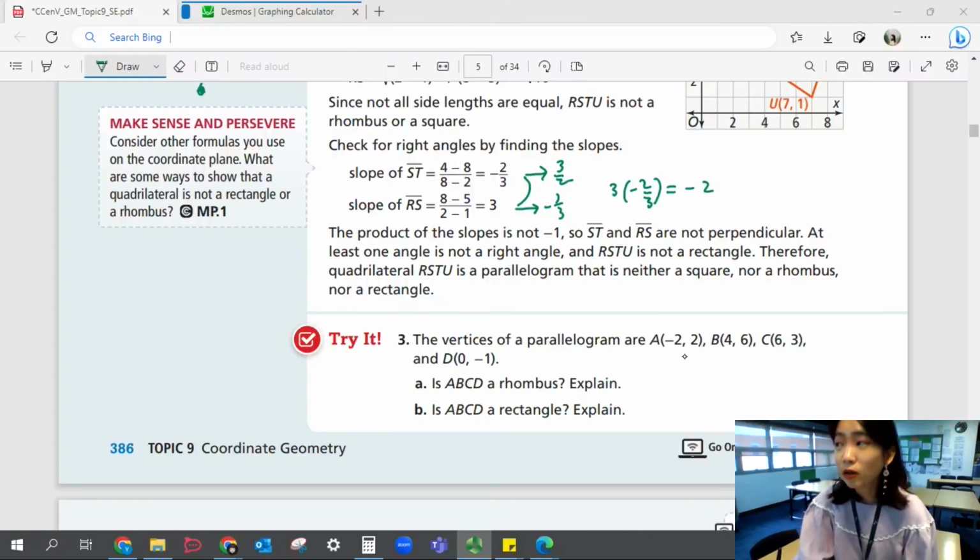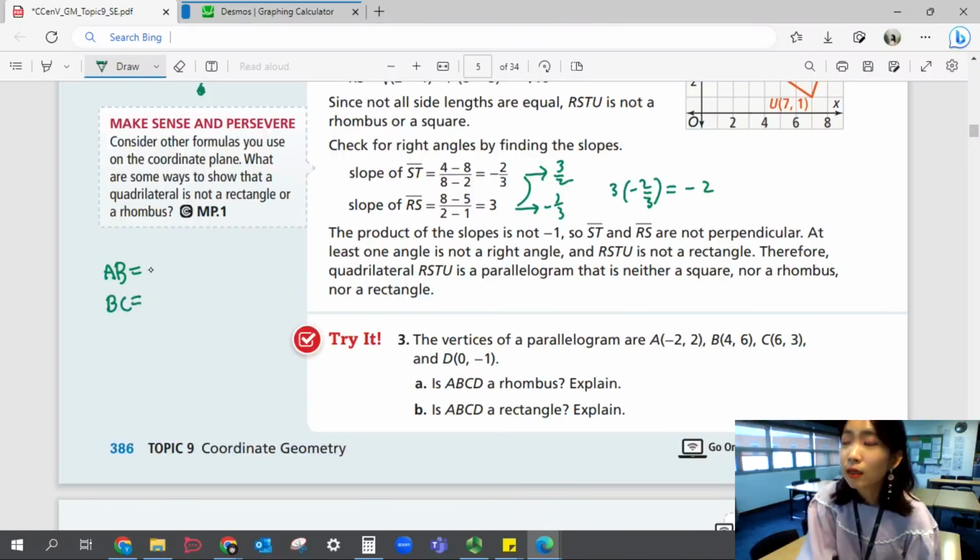So let's figure out, since ABCD is going to be a parallelogram, we can just check consecutive sides. So 2 consecutive sides. We don't have to check all the distances. We just need to calculate 2. So let's do AB and BC because they're consecutive.